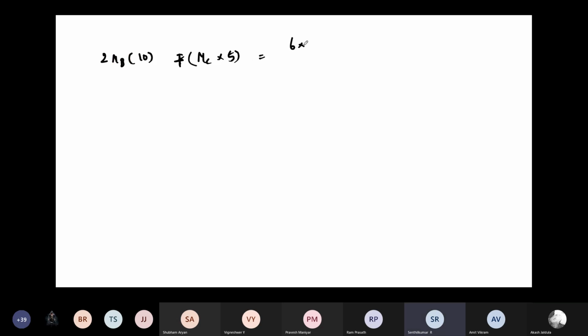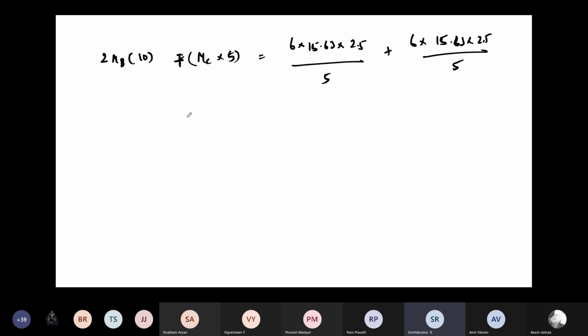Then 6A1 is 15.63, x1 is 2.5, divided by L1 which is 5. 6A2 x2bar over 5 is also the same because it is symmetrical, same loading, same value. I can put it 2 times also.